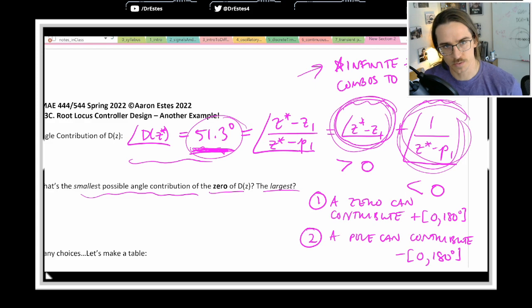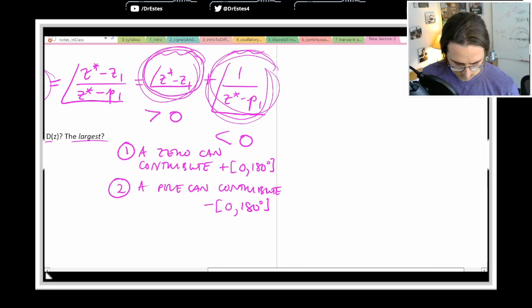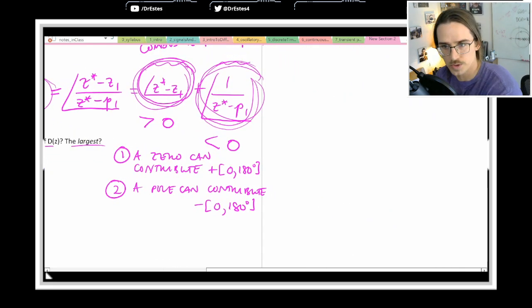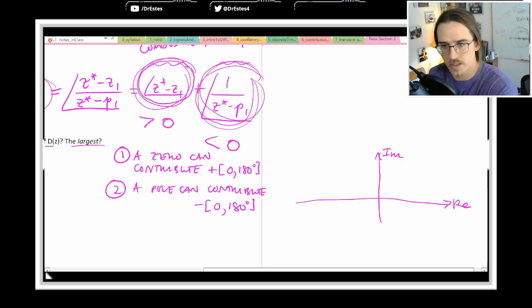The way to visualize this, I'm going to go off the page and show you over here. Remember, we have a graphical technique for evaluating the angle contribution of something. Let's put this in the complex plane. I'm going to throw some z star in here. This is a target pole.